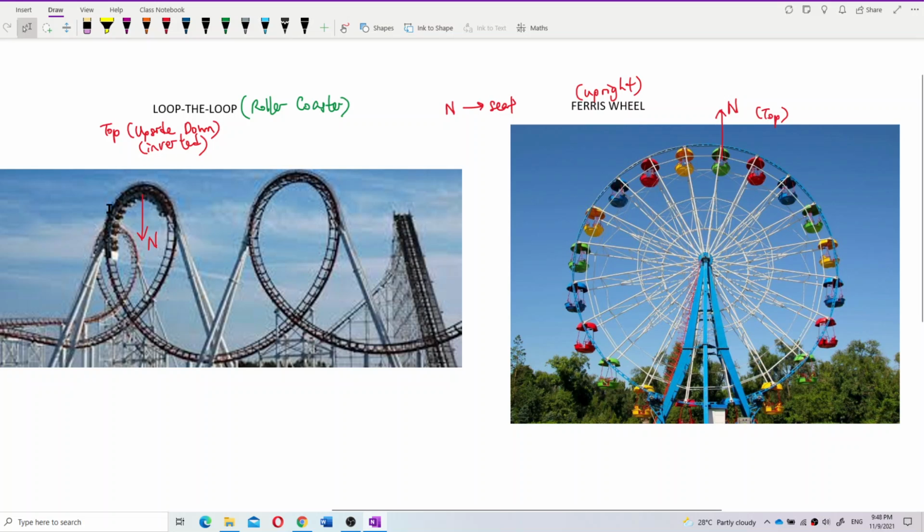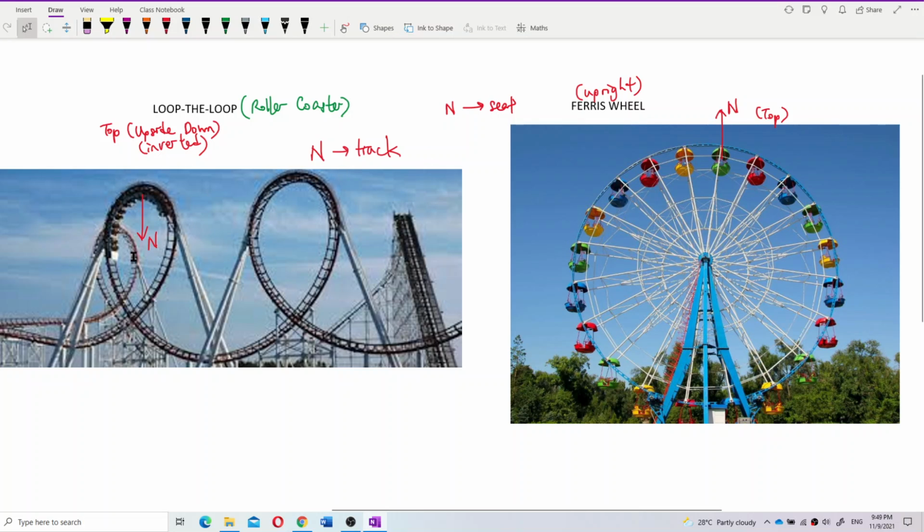The seat exerts the force downward. Sometimes this normal force for the passenger is called the seat force. But for the car, sometimes this normal force is exerted by the track.